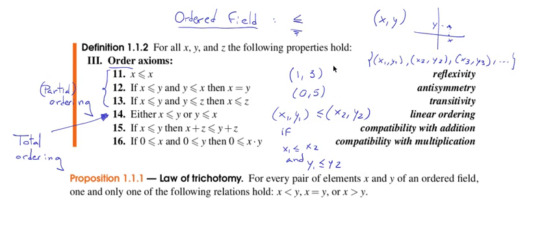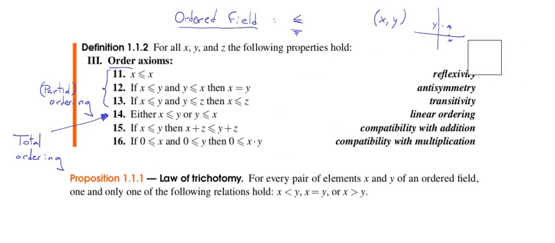But in this case, x2 is smaller than 1, but y2 is not smaller than y1. So this relation is not fulfilled. So if you define orders this way for 2-dimensional numbers, then you don't have a total ordering. I don't know if that was clear, but I hope it was. So just remember that not every ordered field has a total ordering.